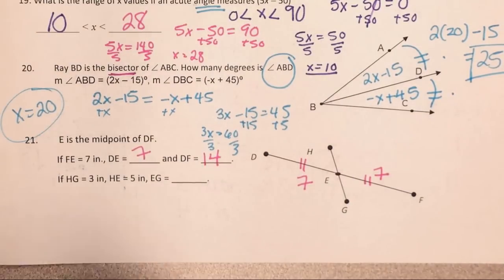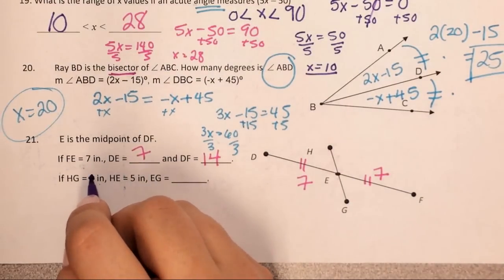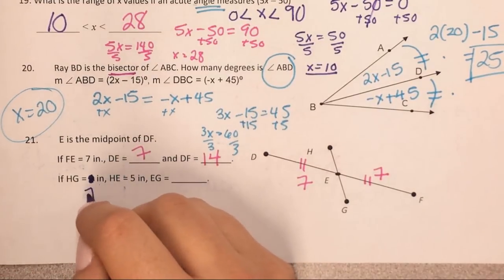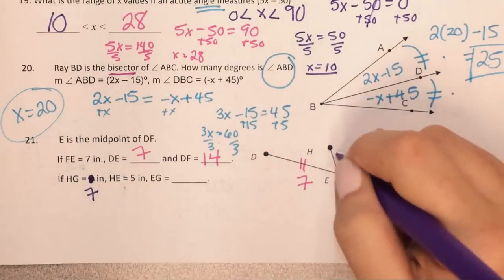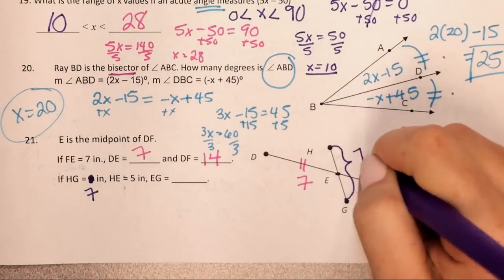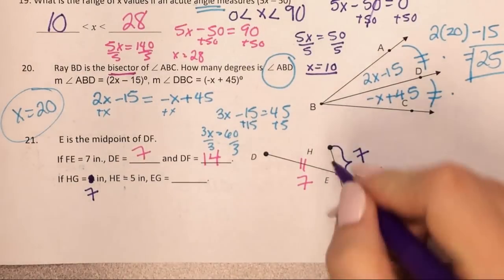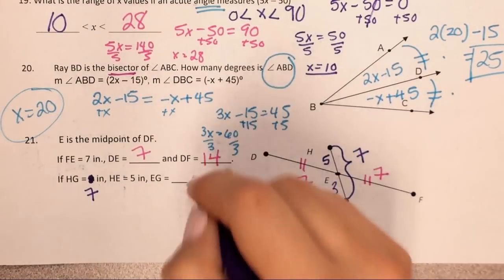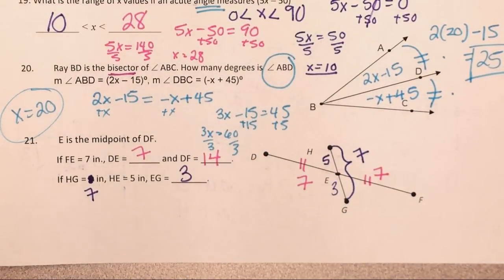Sorry, this is my fault. This should say HG is equal to 7. So this length is 7, HE is 5, then EG would be 3. Make sure to fix that little typo on your own paper as well.